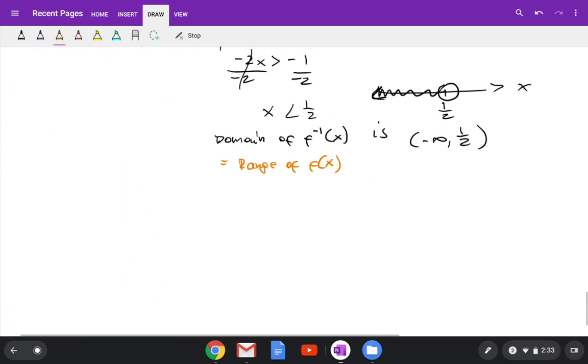And now I need to figure out what the range of the inverse function is. With range, it's always more tricky because technically you should graph the function and see it.